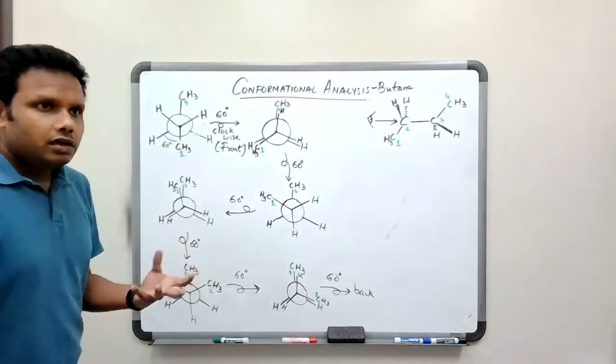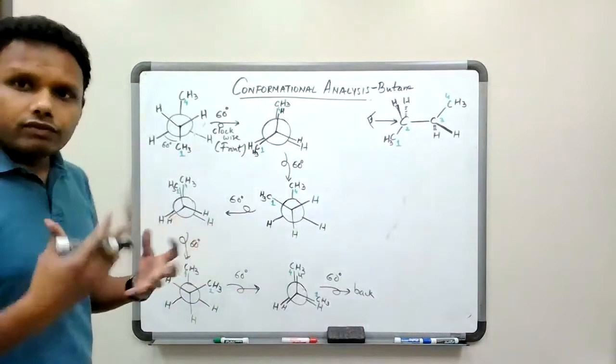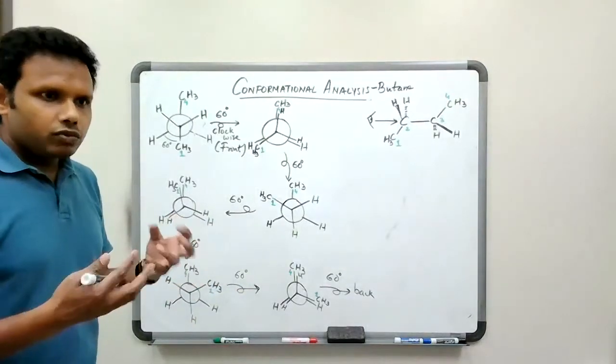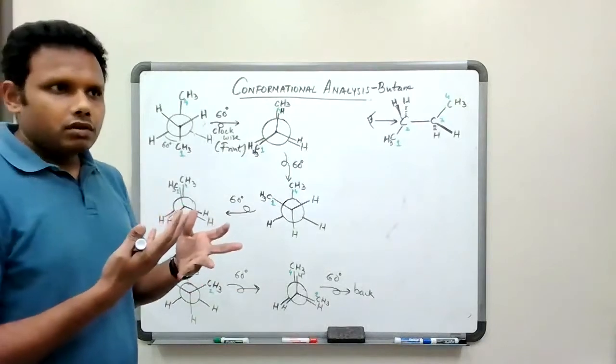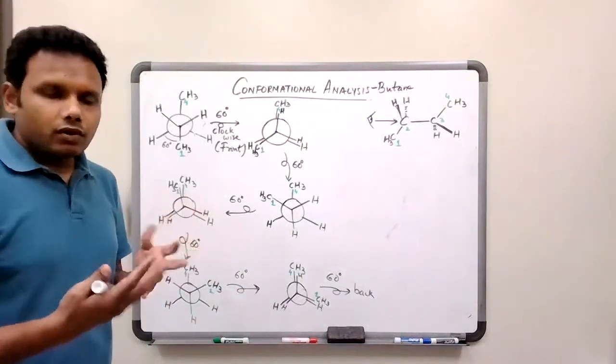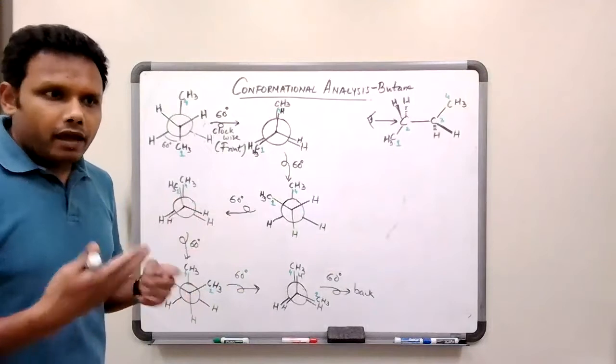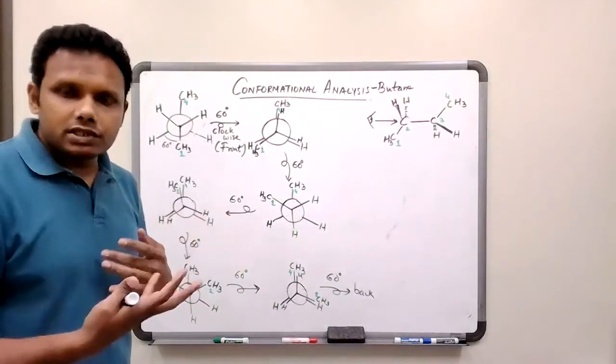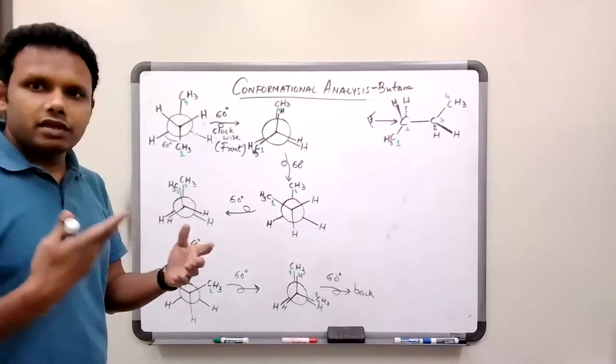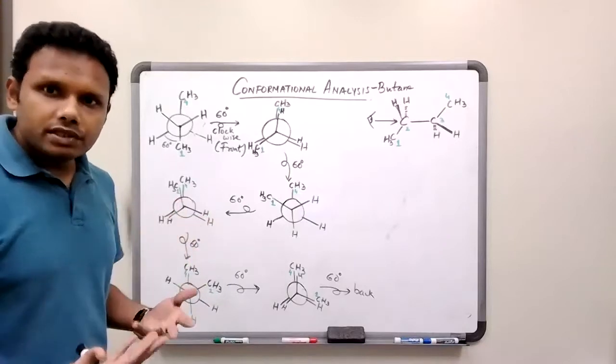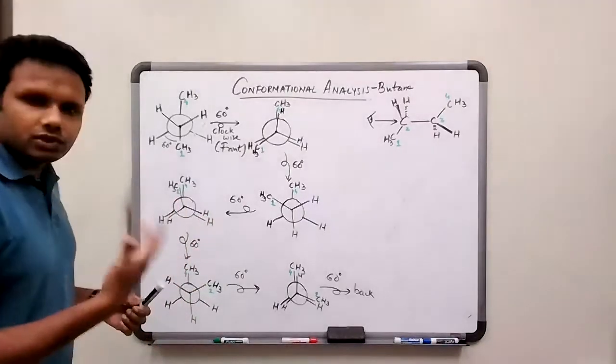You think that the nature of the repulsions there would be the same. Maybe they are both eclipsed, or they're both staggered, and they have the same group staggering or eclipsing, which means their energies should be the same. So let's see if there are any structures like that.